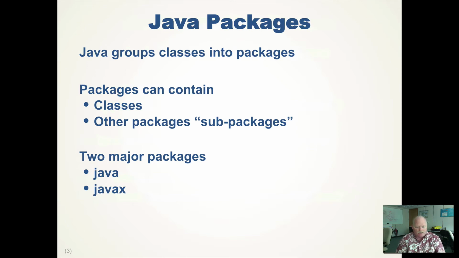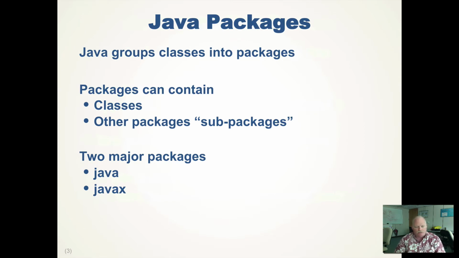The Java package, which includes a lot of the core parts of Java, like strings and ints and floats and other things. And then another package, Javax, which was added on later, that includes other kinds of things that were added to the Java core.